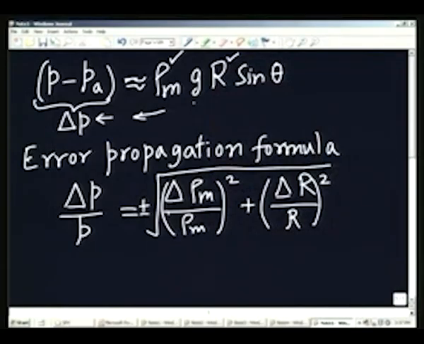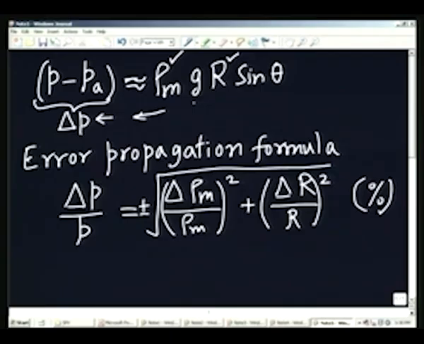and if I substitute these errors in terms of percentages, this whole thing can be written with everything in percentage. Delta p by p percent is plus or minus of this percent whole squared plus this percent whole squared. That is another way of writing it. So, we will mention that it can be all in percentages.